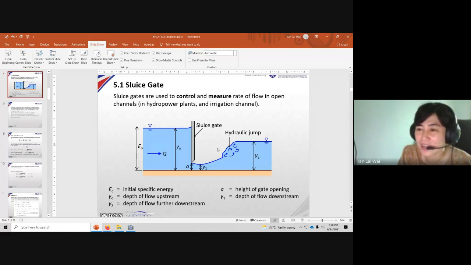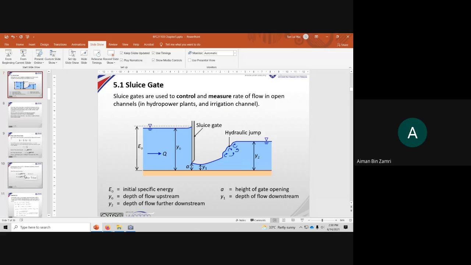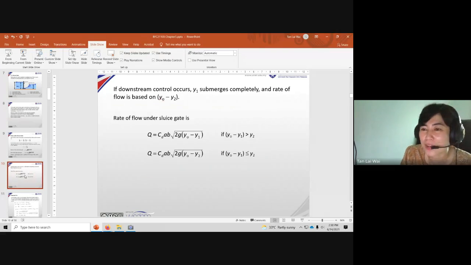Y1 akan ditenggelamkan oleh y2. Boleh imagine tak senario tersebut? Jadi sebenarnya y1 dah tak memberi kesan pun kepada q yang akan keluar nanti. Boleh. Alright, so that's why kita kena semak dulu syarat dia. Y0 tolak y1 lebih besar daripada y2 ataupun kurang daripada y2. Itu kesnya.